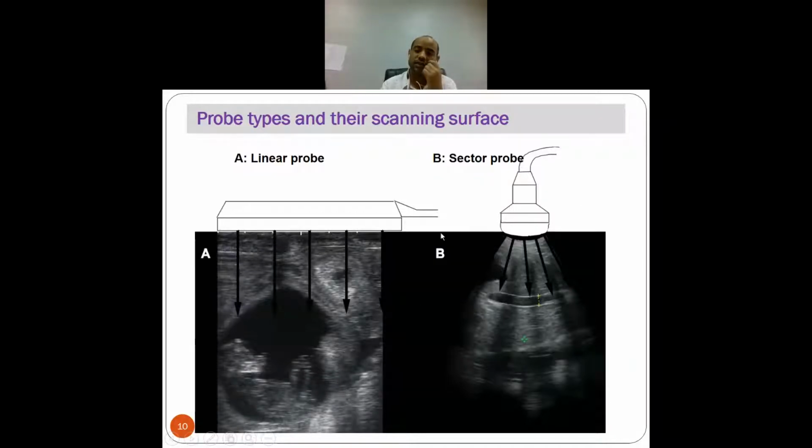And when you are using the sector probe, the convex type of probe, the image you produce will be a truncated cone kind of image. You can see it's not rectangular, but a cone-like shape, which continues to expand, making the view of the ultrasound expand downward as you go across the tissue or the organ that you are scanning.